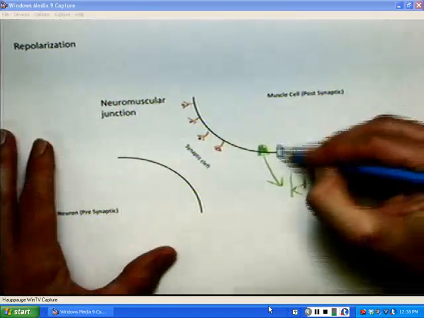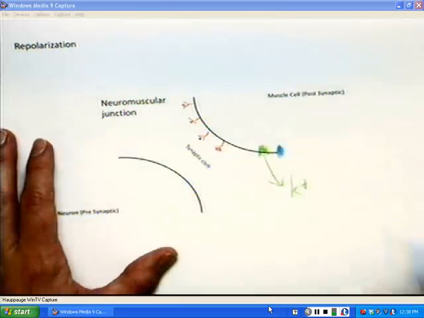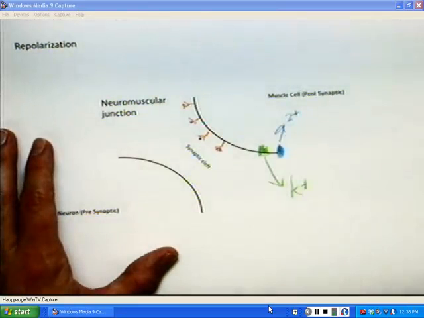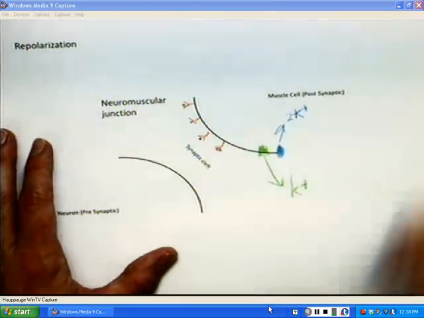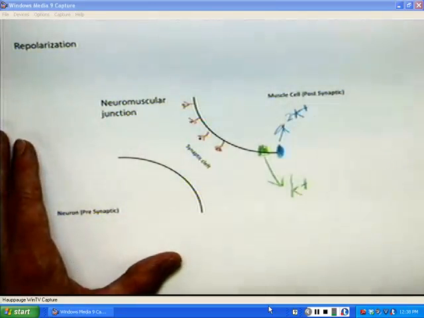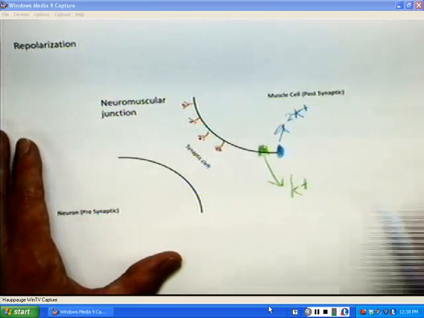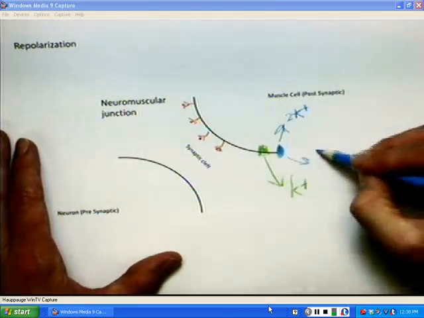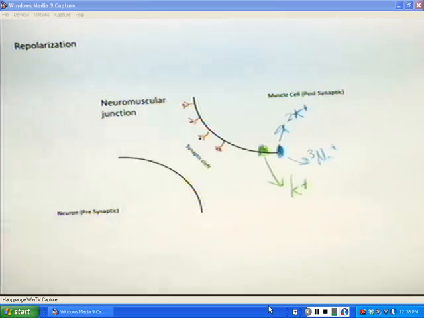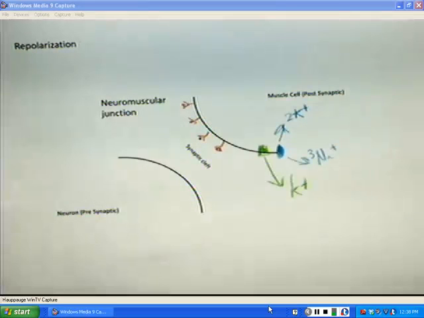Now, to further this, the sodium-potassium ATPase pump will kick in, and it will bring in 2 K+ because this is going to reset the gradient. We want to reset the concentration gradient so we can go back to resting. It's going to kick out your sodium, 3 to 2 again.